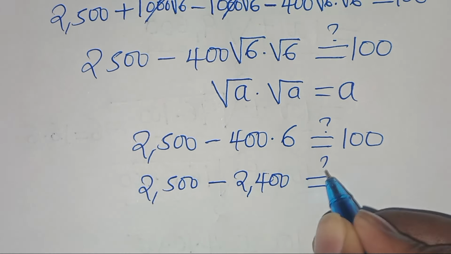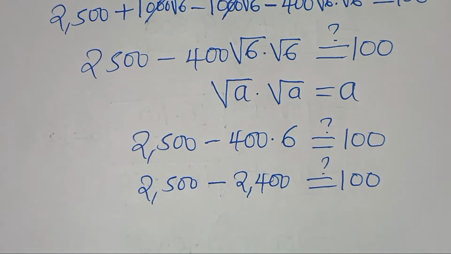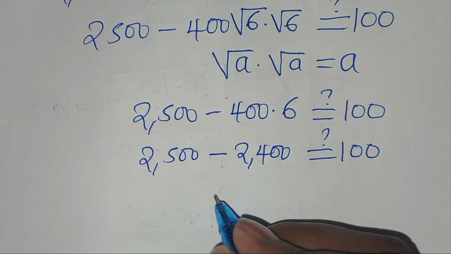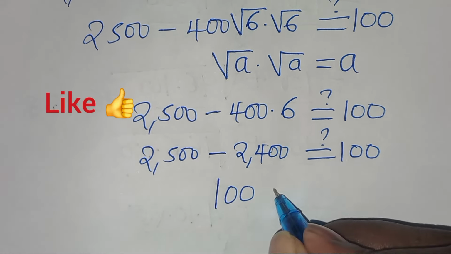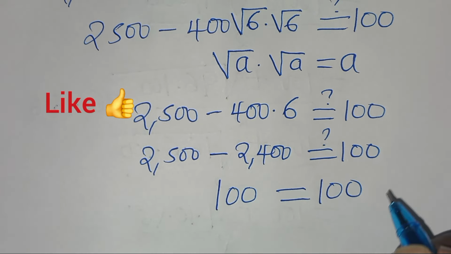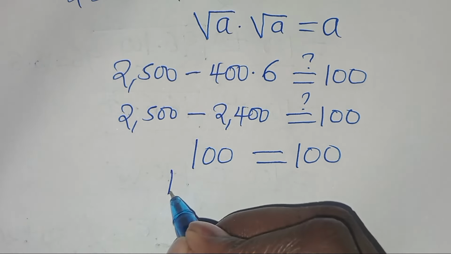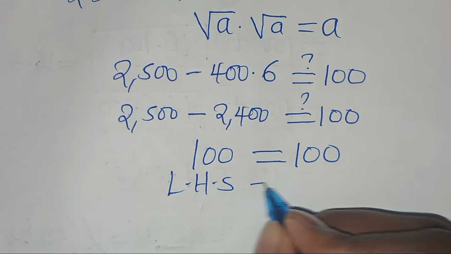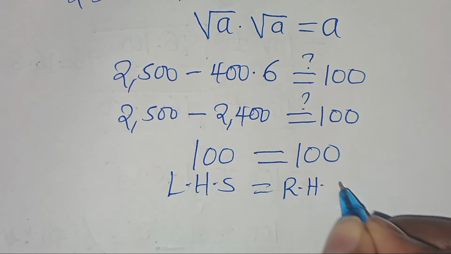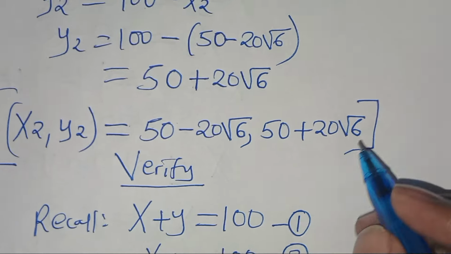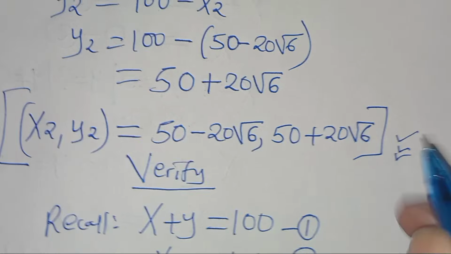So 2500 minus 2400, this is 100, which is equal to 100. And this implies that the left hand side is equal to the right hand side, and this implies that x2, y2 also satisfies the equation.